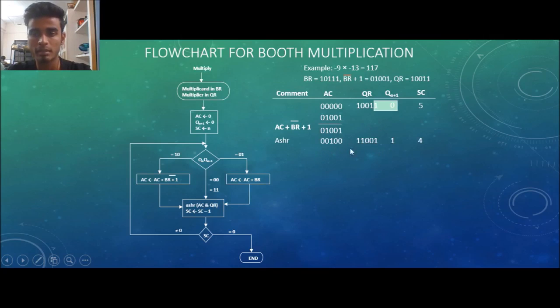After performing arithmetic shift right, now we find that Qn and Qn plus 1 have values 1 and 1. So in that case, we just have to perform arithmetic shift right and decrement the sequential counter. So we'll do that, and now we have Qn as 0 and Qn plus 1 as 1. In this case, we'll add BR to AC.